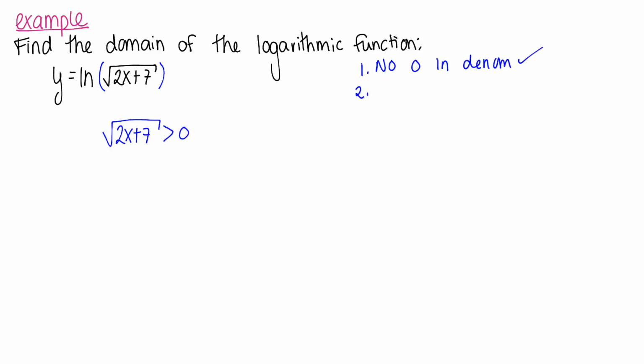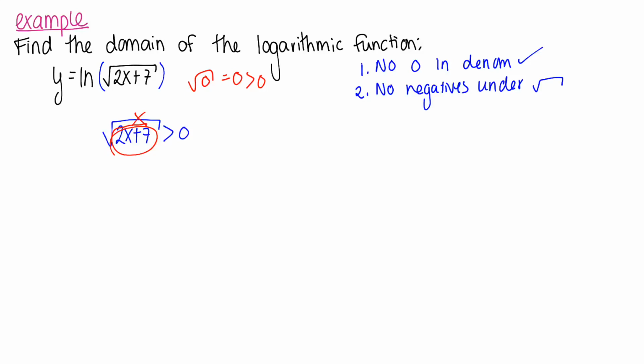Number 2 is no negatives under square root. That's what we need to be concerned about. So the square root part isn't really an issue. It's not going to cause issues for the domain, but we do need this inside part to be positive. And we don't want it to be 0, right? We don't want the square root of 0 because that would be 0 and that's not greater than 0.